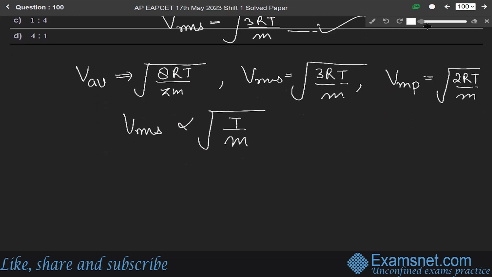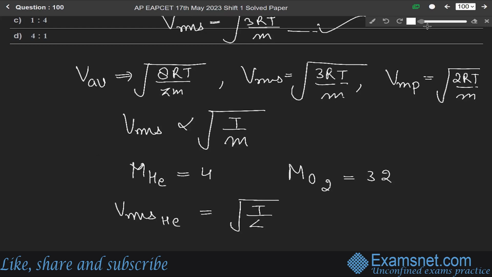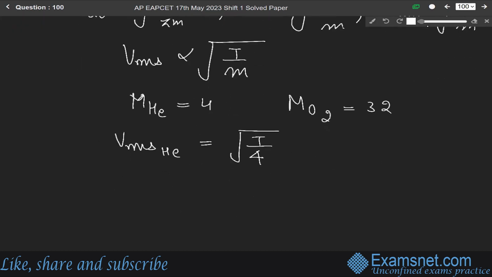For helium, the molecular mass will be 4, and for oxygen, the molecular mass will be 32. So VRMS of helium will be equal to under root T over 4, and VRMS of oxygen will be equal to under root T over 32.